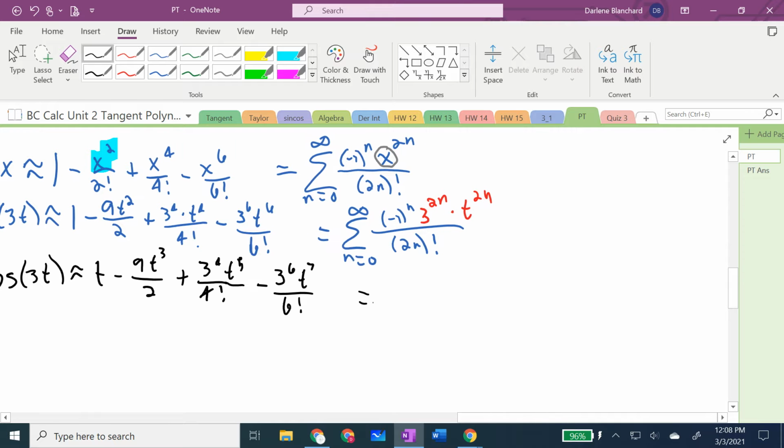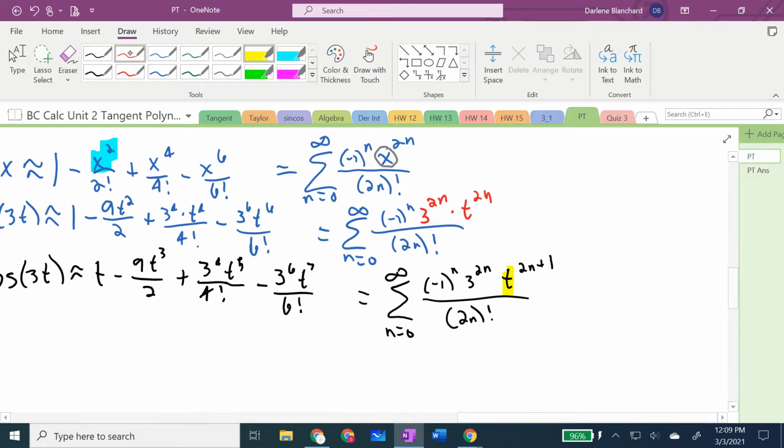And then if you're looking at it in sigma form, when I'm multiplying by t, I am adding 1 to the exponent. It's very important. I need to see a singleton variable.